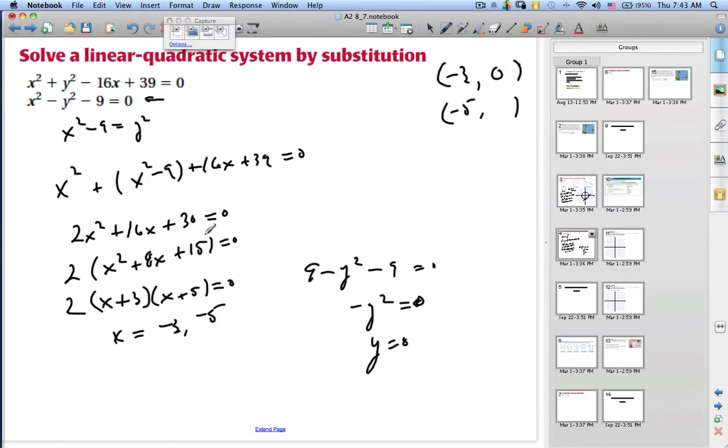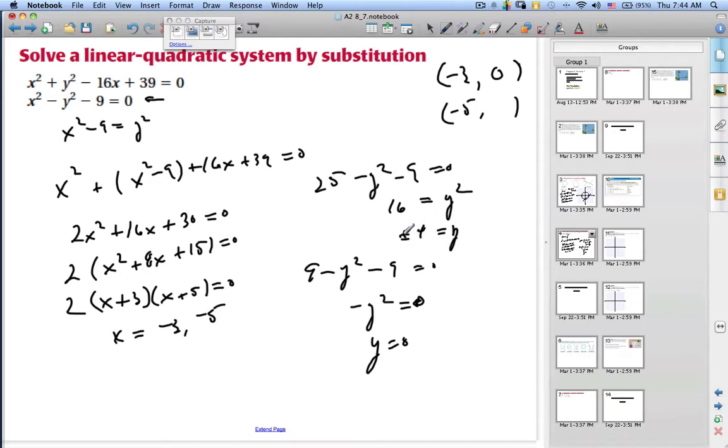And when I plug in negative 5, I'll have 25 minus y squared minus 9 is equal to 0. 25 minus 9 is 16 is equal to y squared. So then y would be equal to plus or minus 4.